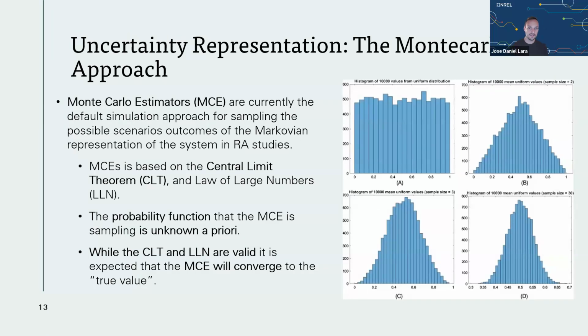Right, the other challenge here is that when these types of events happen, the Monte Carlo approaches that are usually followed, that use the central limit theorem, start to be more difficult because you can't capture these events.